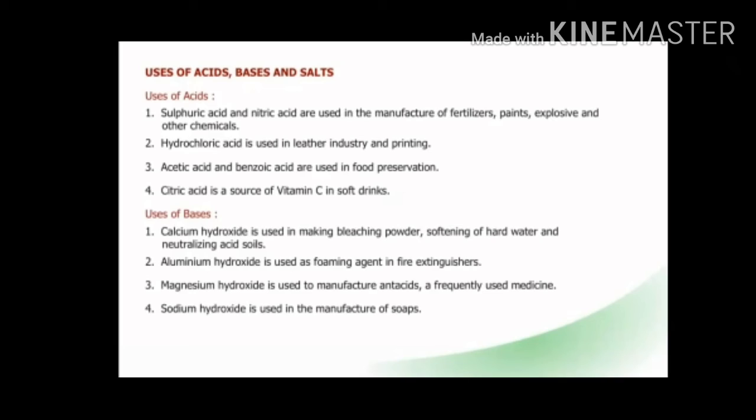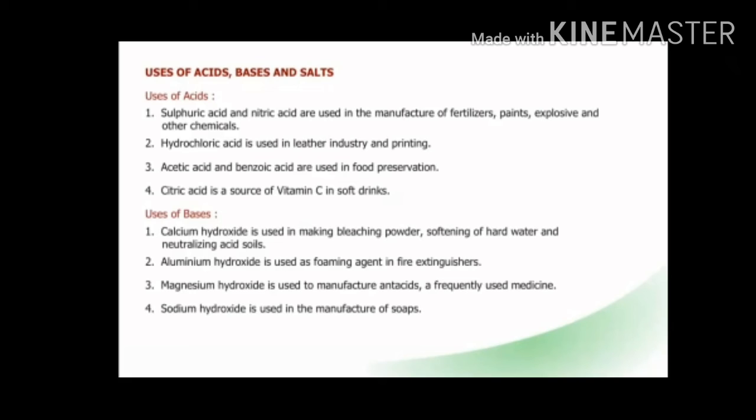Now the topic is uses of bases. Some commonly used bases are calcium hydroxide, sodium hydroxide, magnesium hydroxide, and ammonium hydroxide. And their uses: calcium hydroxide is also called slaked lime, and it is used in making bleaching powder. It is used in neutralizing acidic soil, in softening of hard water, and for whitewashing also.